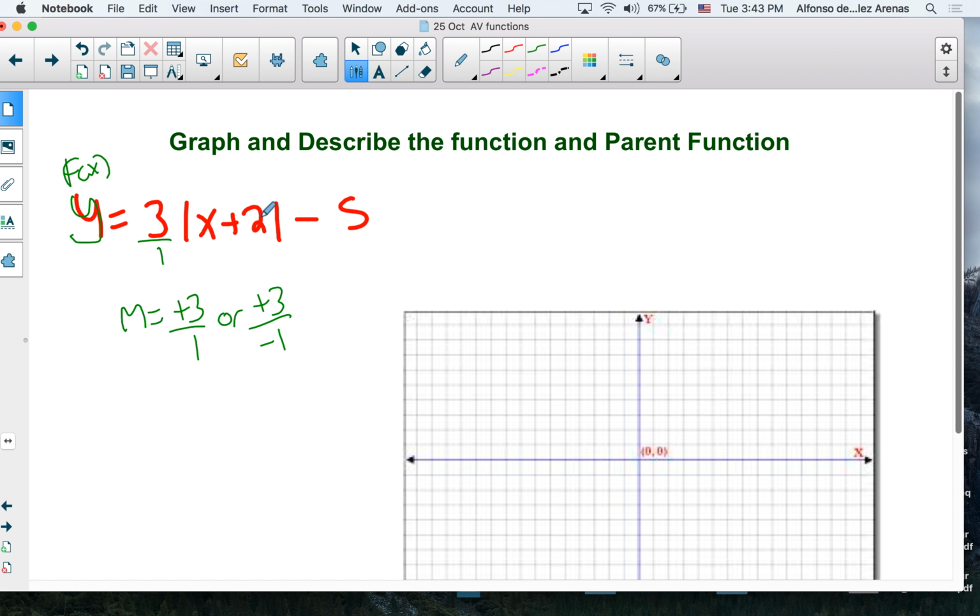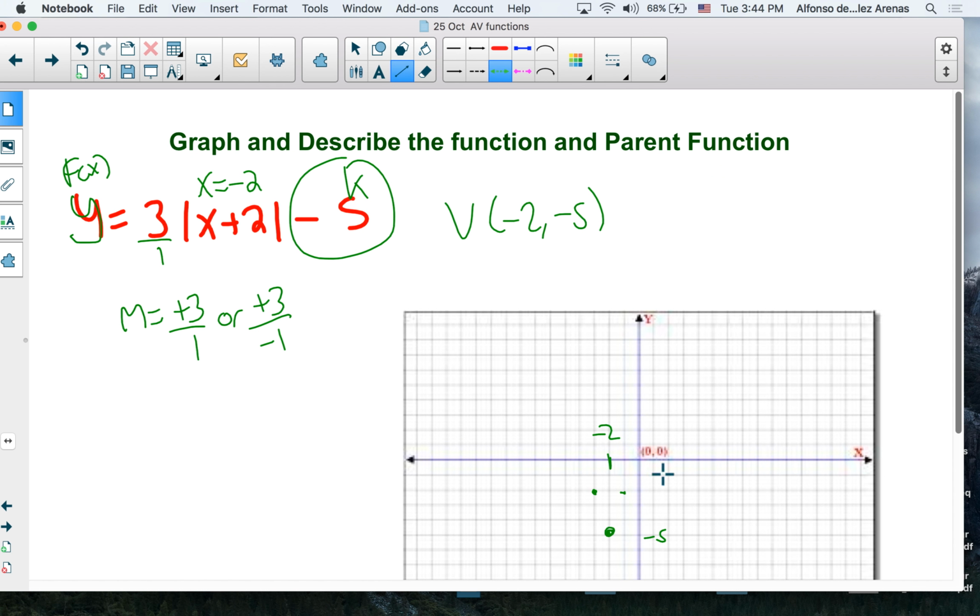Now x plus 2 equals 0, so x equals negative 2, and k is negative 5, so the vertex would be negative 2 comma negative 5. So we find the vertex negative 2, 2, 3, 4, 5. So this is negative 5, this is negative 2, and from here we count rise 3 and run 1, rise 3 and run negative 1.